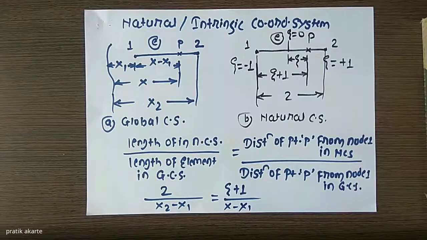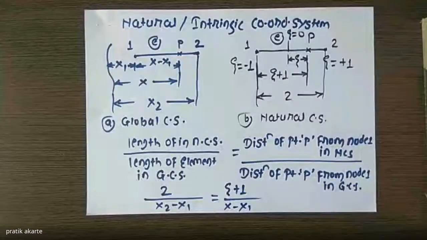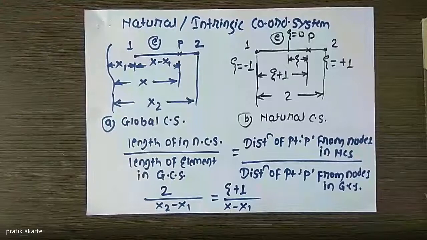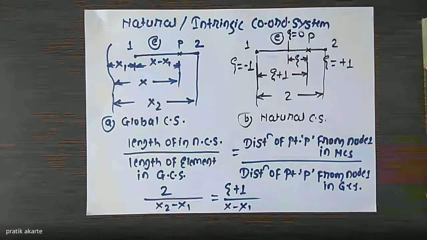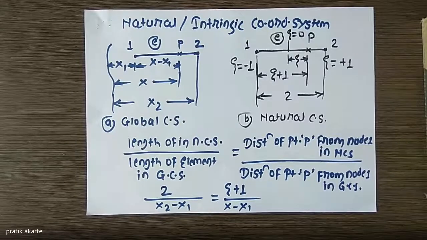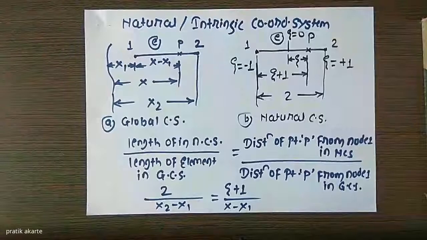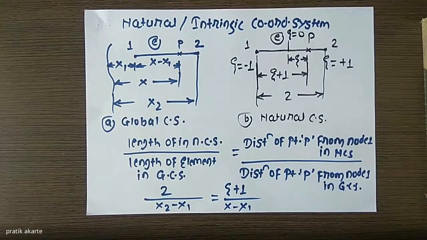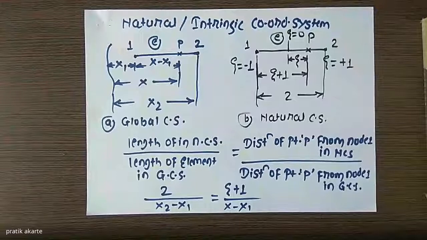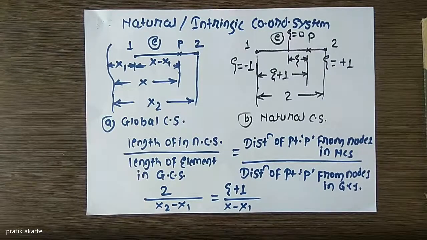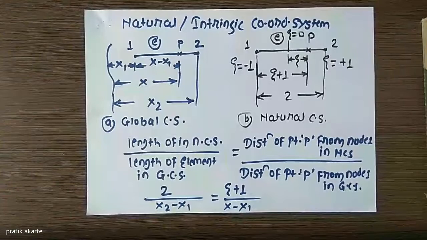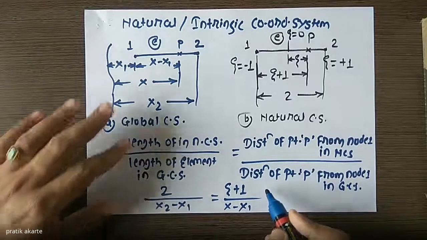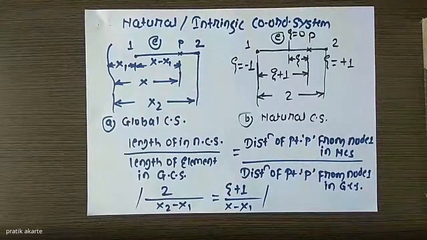We have established the distances from node 1, node 2, and from one end to this point P. And we have formulated two ratios: length of the element in natural coordinate system and length of element in global coordinate system, which is equal to distance of point P from node 1 in natural coordinate and in global coordinate system. Based on that we have got this ratio.